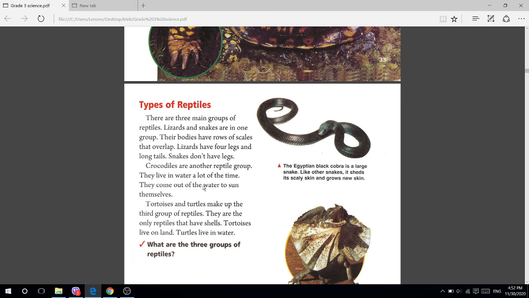And the third one is tortoises and turtles. Okay, write down this question and give me the answer. Lizards and snakes, first one. The second one, crocodiles. Third one, tortoise and turtle.